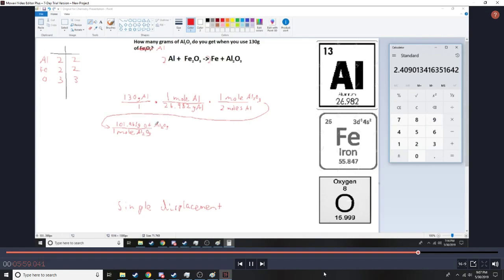And since every mole of Al2O3 is equal to 101.961 grams of Al2O3, we can just multiply this by 101.961, and we get about 245.625 grams.